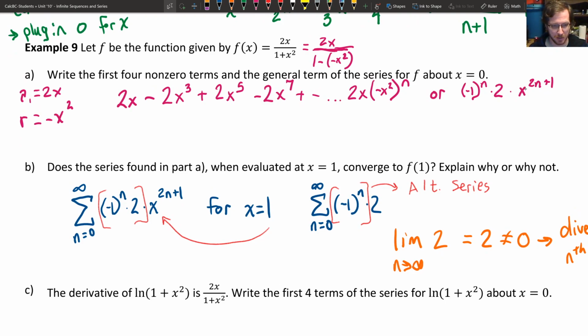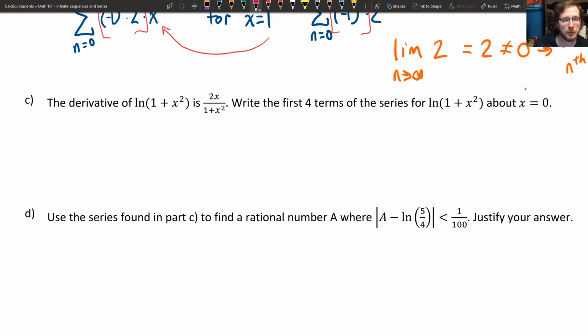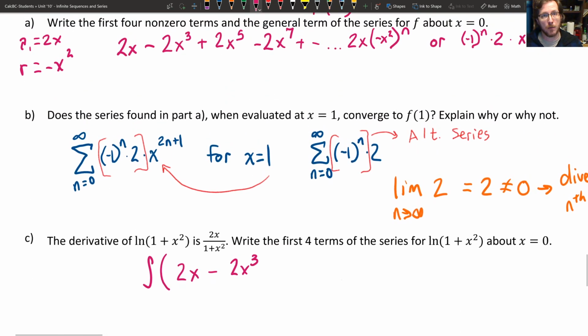That's our f of x. So if we got that derivative, let's find that antiderivative of what we already have, of that series that we have above. I'm just copying this down from what we found in part A, right up there.